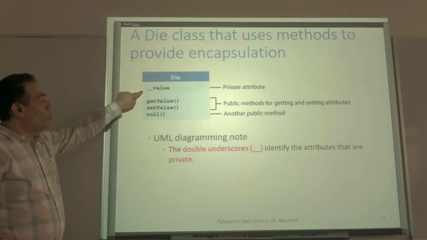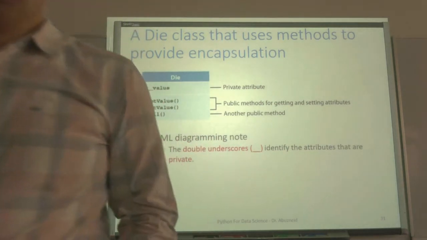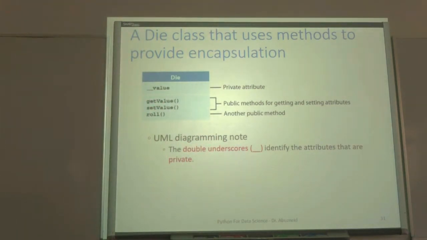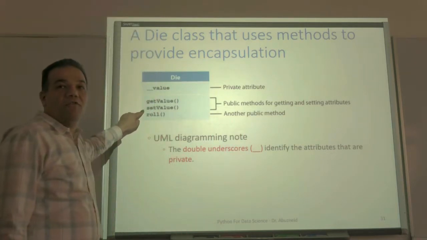When I make an attribute private, the only way I can access it is through methods belonging to the same class. So in here, what did I have to do? Add get value and set value.